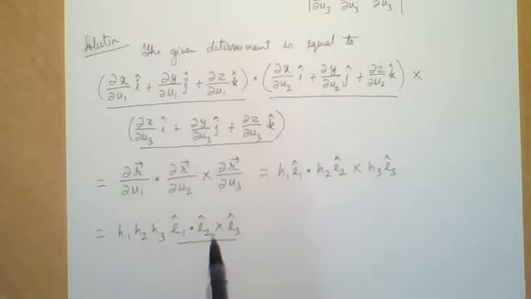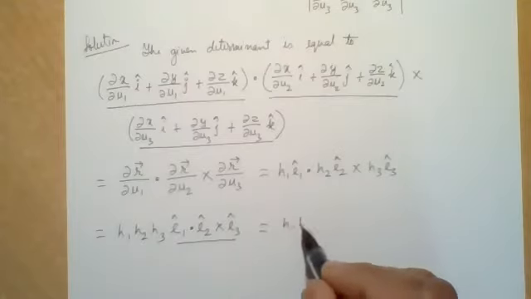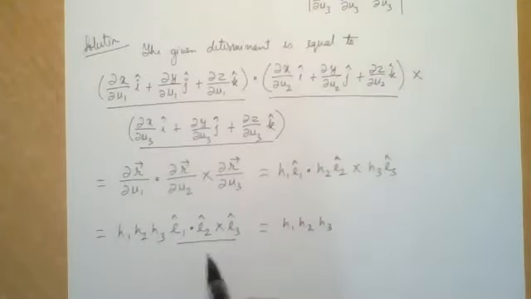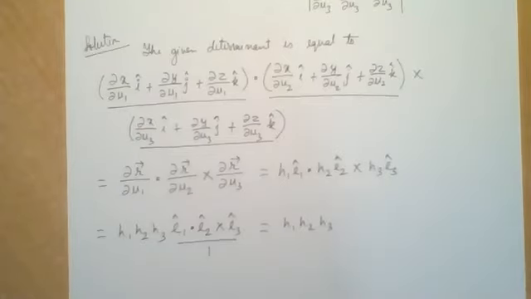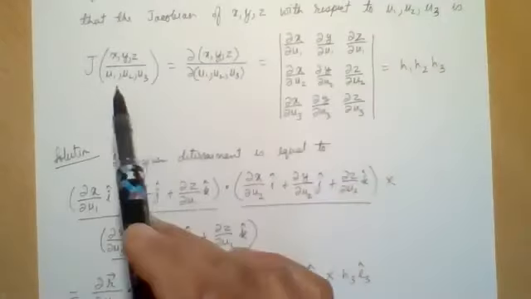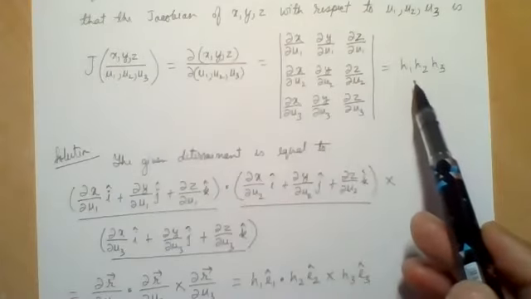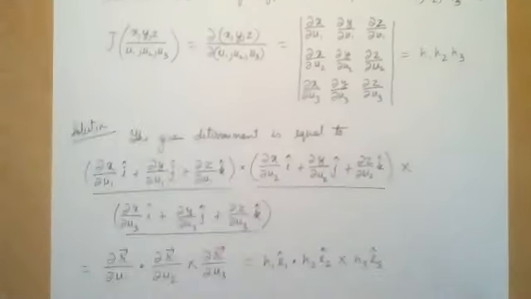So the volume of the cube formed by these three unit vectors is 1. So we have proved that the Jacobian, which is given by this determinant, is equal to H1, H2, H3.